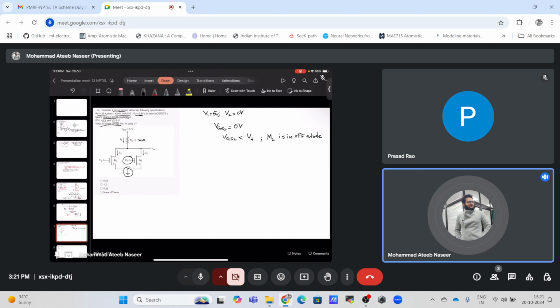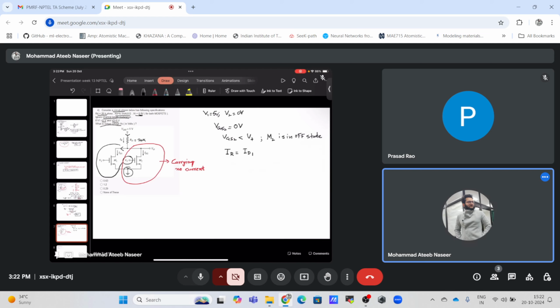So the whole of the current IR comes from this and goes into this. This branch is carrying no current. If you use the KCL, IR is simply flowing into this branch.